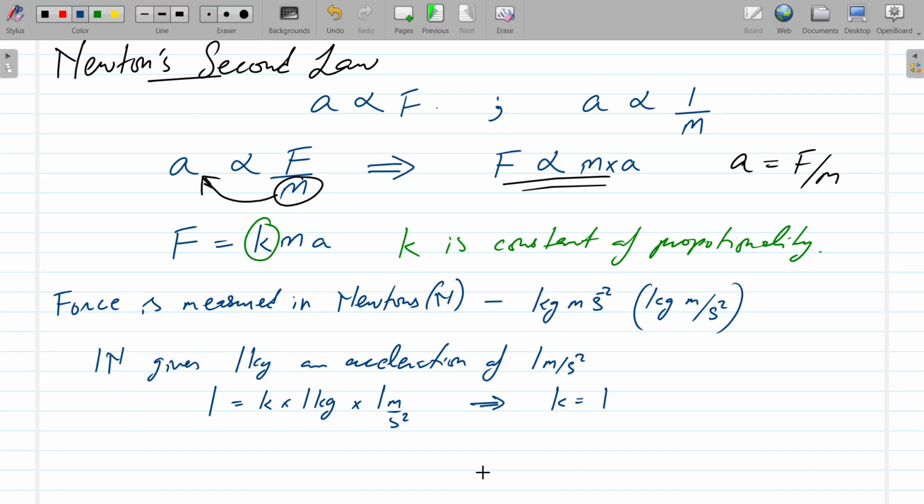Yes, sir. Okay. So k equals 1, and that makes life easier because any number multiplied by 1 is the same number. Whenever we're doing calculations for this, k is always 1, and so we can rewrite the equation in a simpler format as force equals mass times acceleration.